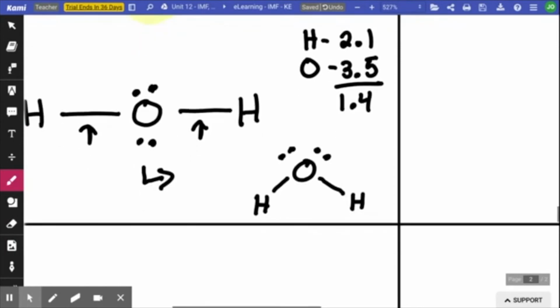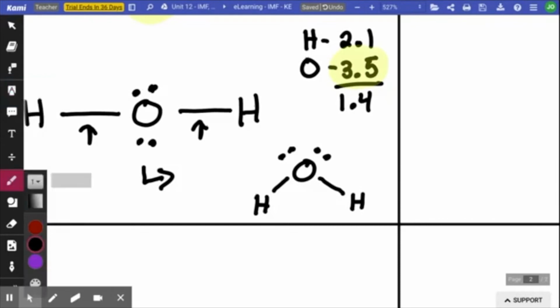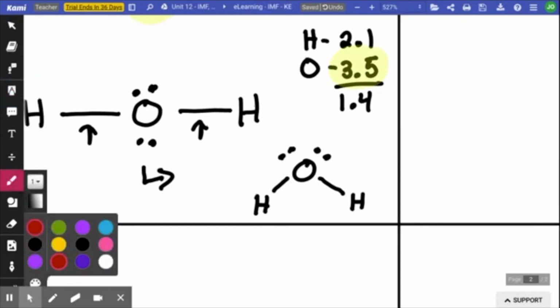Again, this is a polar covalent bond, so those electrons are going to be moving towards one over the other. Which one are they going to move towards? The one with the higher electronegativity, which is oxygen. So electrons move towards oxygen, which means this hydrogen is slightly positive. Same thing over here with this other hydrogen, slightly positive.